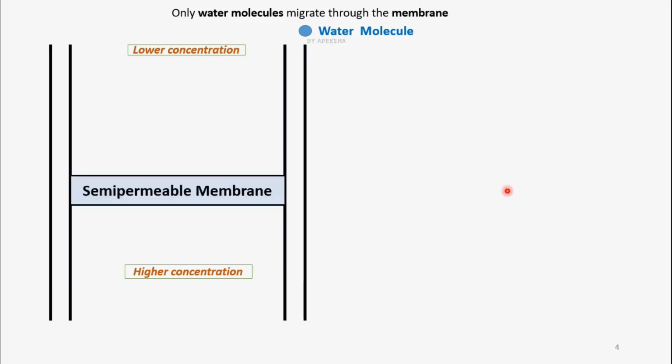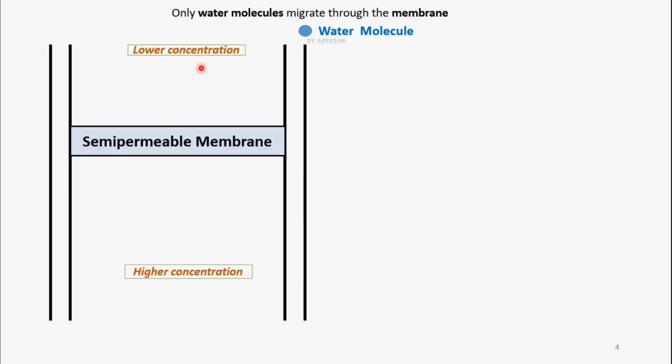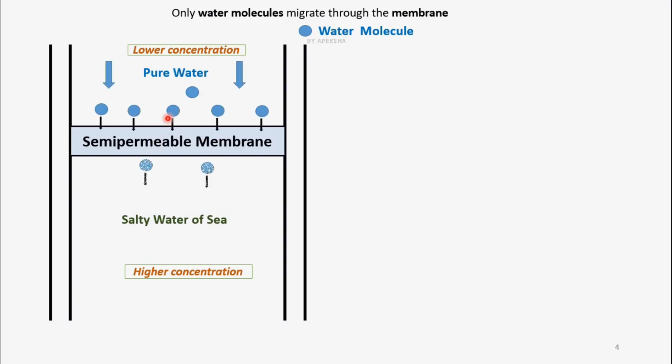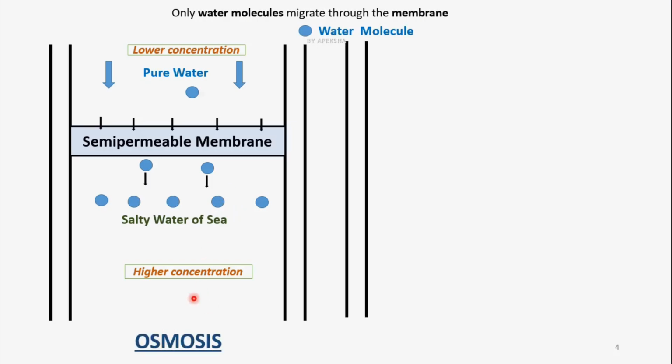Okay, so this is another example. Suppose there is a lower concentration solution and a higher concentration solution, and a semi permeable membrane is there, that is sea water and that is pure water. The movement of water molecules is from pure to salty water. Okay, so this is the natural phenomenon, that is osmosis.